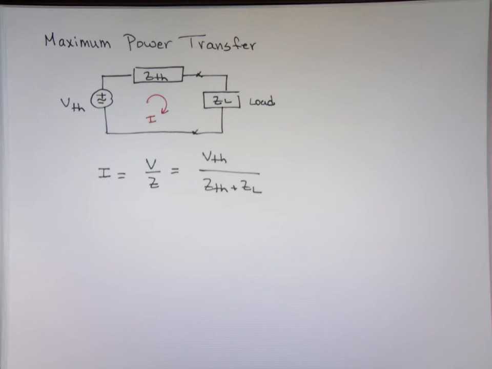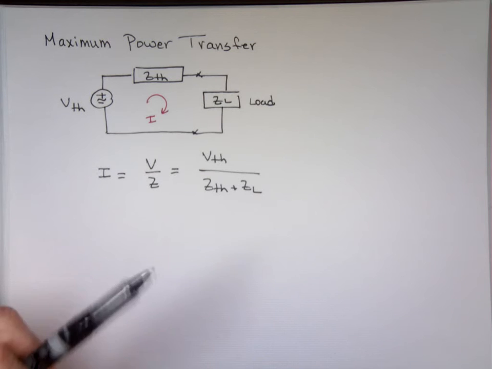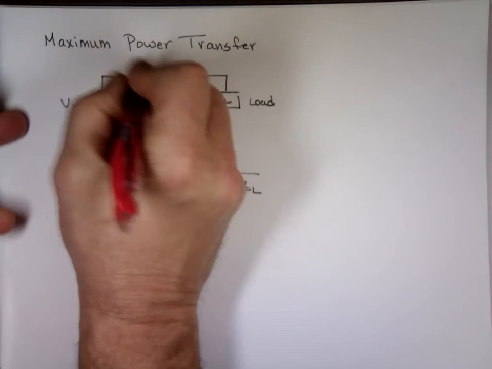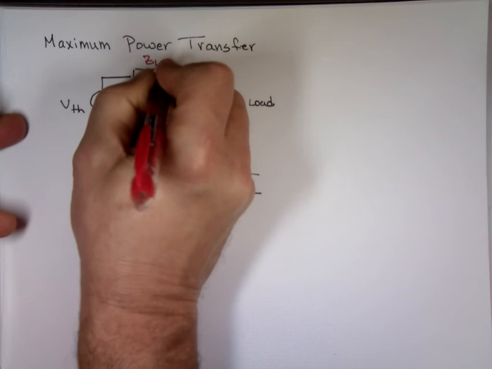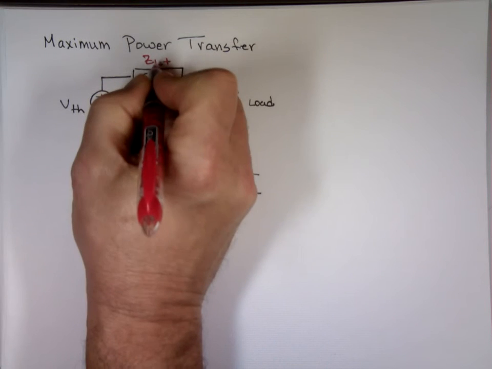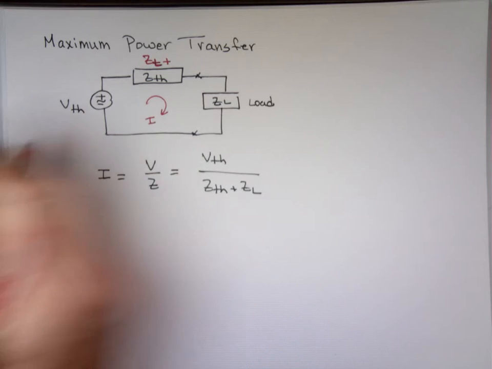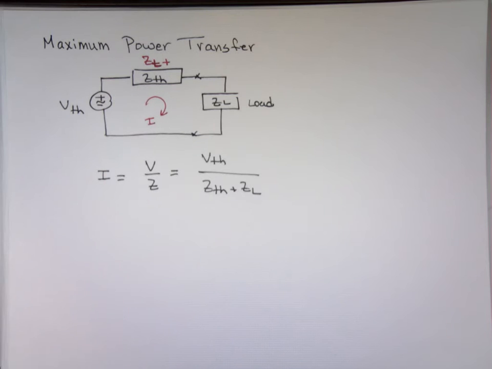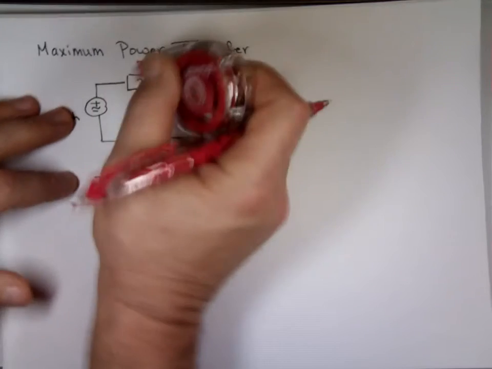Now let's think about this. I'm assuming Z Thevenin here is going to have a real portion and an imaginary portion. So let's call it ZT, I said T and I wrote L. I'm not going to write Thevenin, so ZT is going to have a resistor portion, a real portion, plus an imaginary portion.